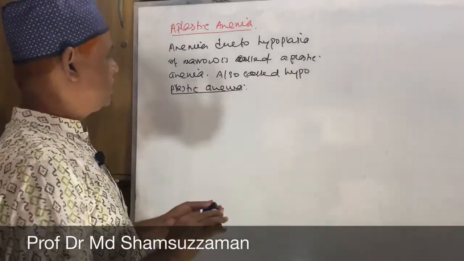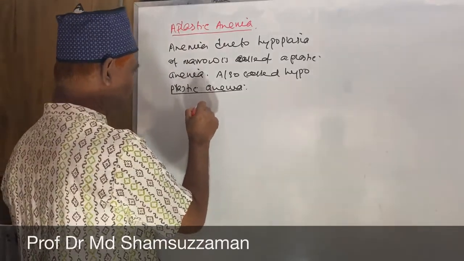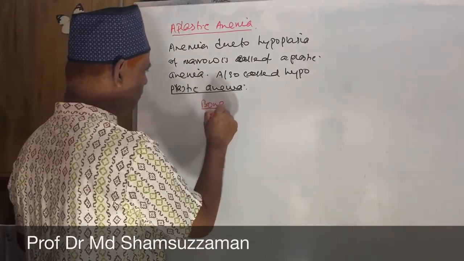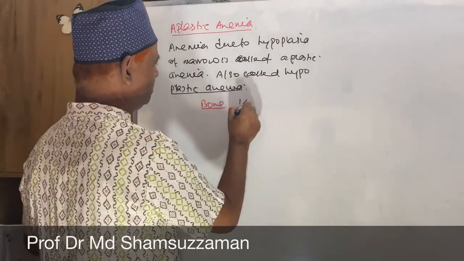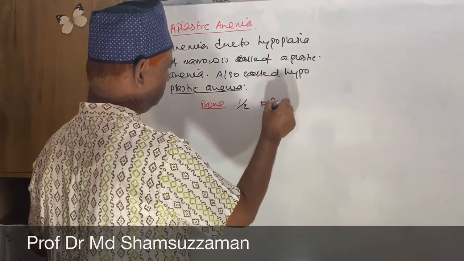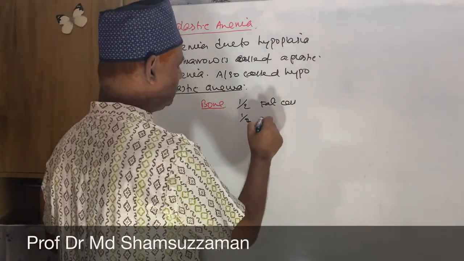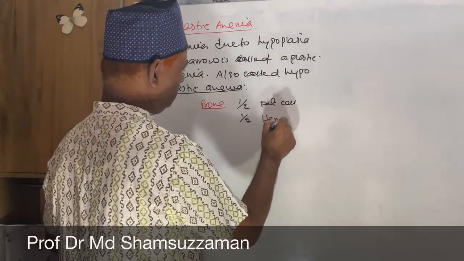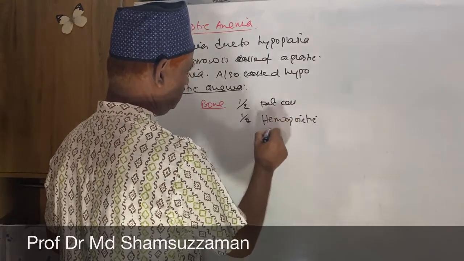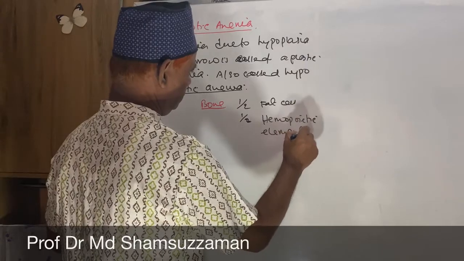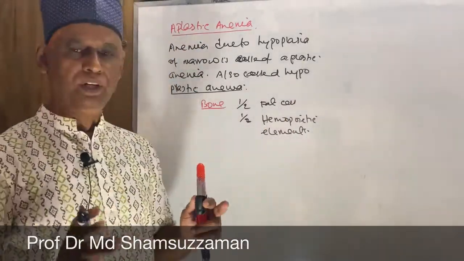Dear audience, if we consider bone marrow, we know that half of the marrow is fat cell and half of the marrow is hemopoietic elements. So in normal bone marrow, half is fat cell and half is hemopoietic element.